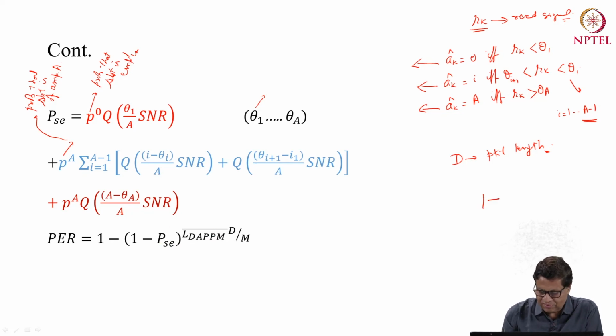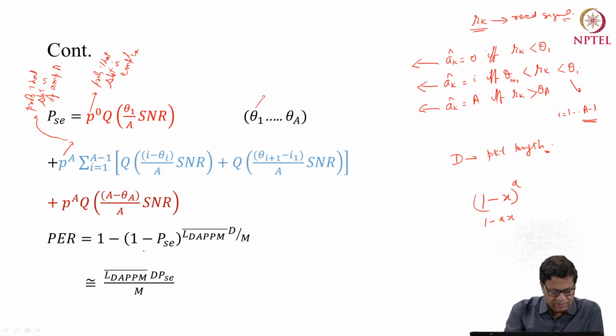I have used this formula: 1 minus x raised to A, if x is very small, can be written as 1 minus A x. So this is what I have used. After using this, the approximate value is L average DAPPM into packet length into probability of slot error divided by M. So that becomes the packet error rate.